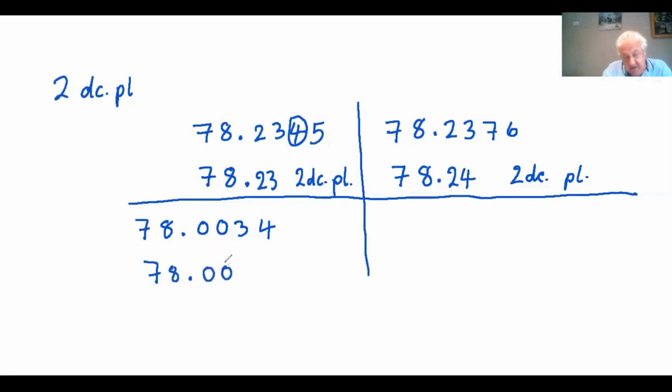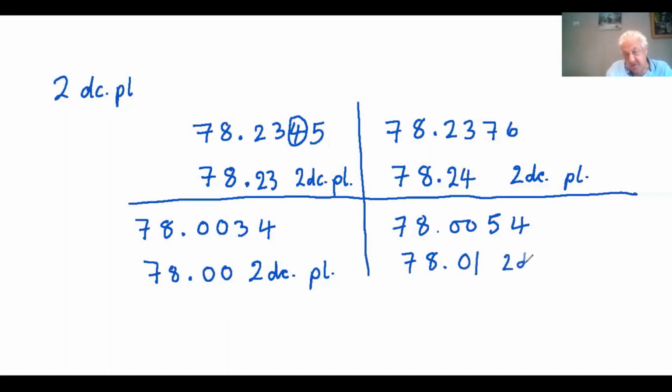Even though they are 0, I still include them, because this indicates that I have rounded to 2 decimal places. And again, if it turns out that this is 5 or above, then I get 78.01 to 2 decimal places.